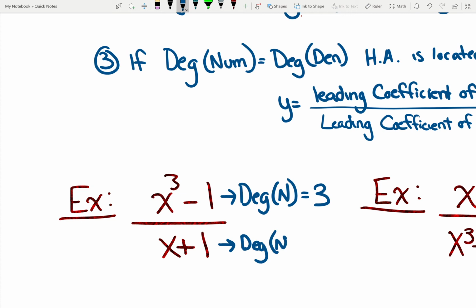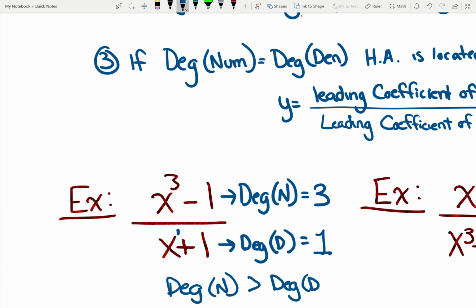Now, a lot of people make this mistake of saying 0 because they don't see an exponent. But don't forget, there's an invisible 1 right here, right? So the degree of my denominator, ooh, that should be a denominator, not numerator, is 1. So what we have here is that the degree of the numerator is greater than the degree of the denominator, right?